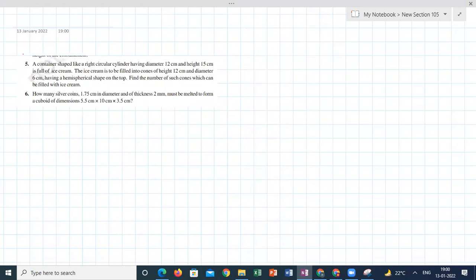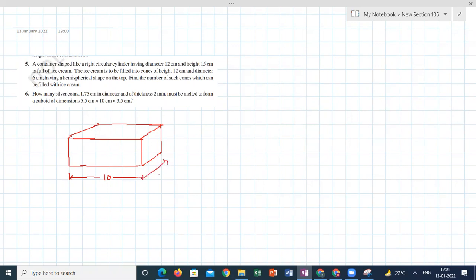How many silver coins? There is a cuboid, like this. The dimensions of the cuboid is 10 centimeter, 5.5, height is 3.5.